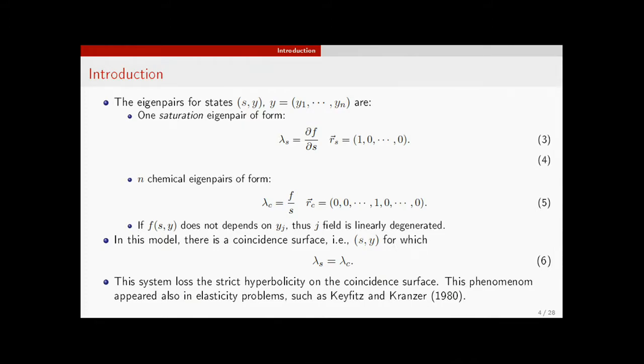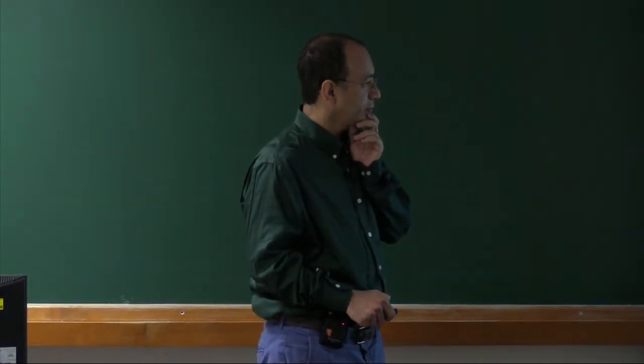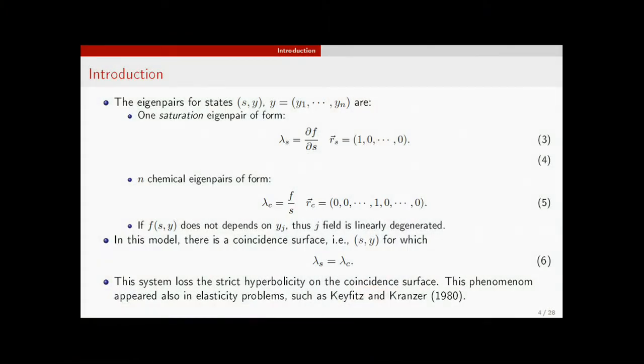One useful simplification occurs when the flux does not depend on the component Y. In this case, we have a contact wave. This result is useful when we try to find the Riemann solution.